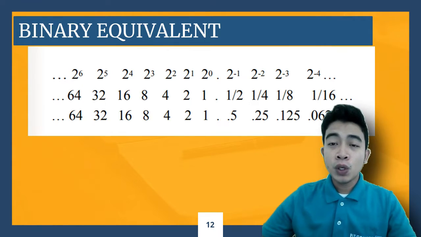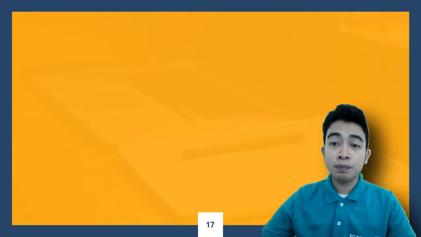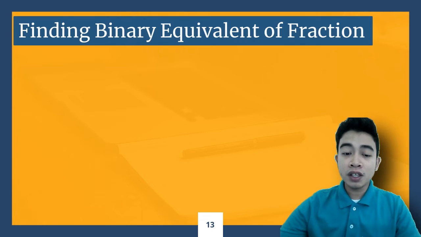For example, we need to convert 37.25 into its floating point number. First, we need to convert 0.25 using the multiplication method.